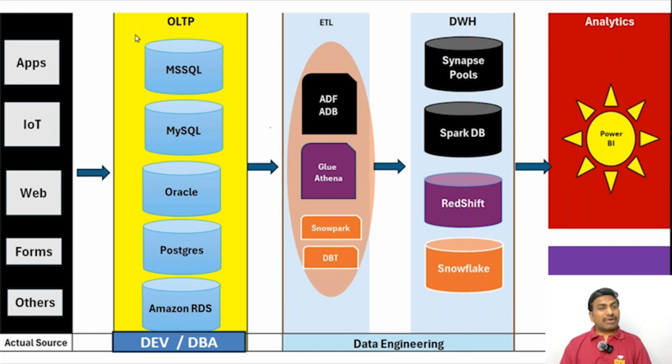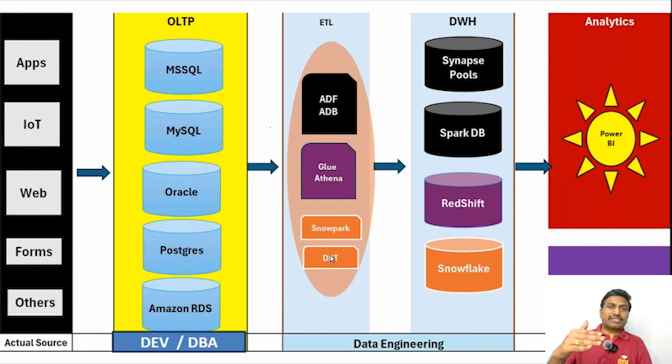Different companies came with different types of DBMS in the market: Microsoft SQL Server, MySQL, Oracle, Postgres, Amazon RDS, Relational Database Service. All these are OLTP. From OLTP, over a period of time, we need to gather the data using Azure Data Factory, Azure Databricks, Azure Data Engineering, Amazon Glue, Amazon Athena, AWS Engineering, Snowpark or Data Build Tool, Snowflake Engineering.